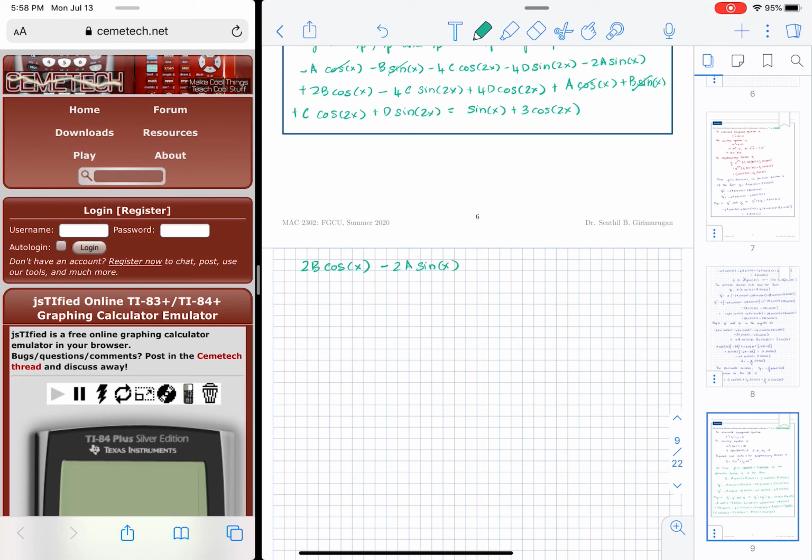Cosine 2x terms: I have minus 4c plus 4d plus c, so minus 3c plus 4d cosine 2x.